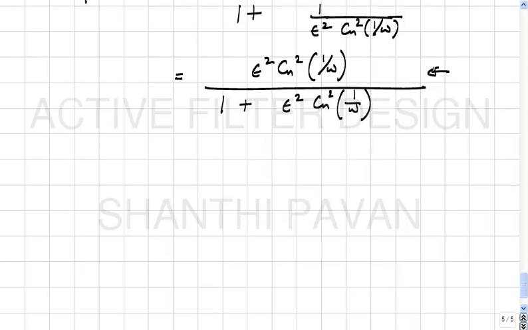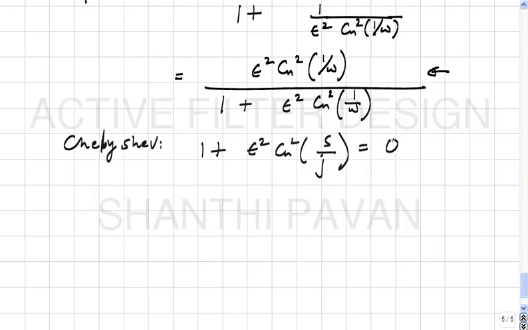And again, if we already found the poles of an nth order Chebyshev filter, then finding the poles of this is actually quite straightforward, because for a Chebyshev, please recall that we were solving the equation 1 plus epsilon square Cn square of S by j is 0, correct.